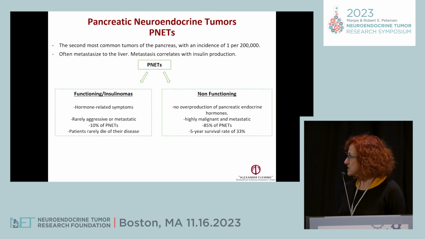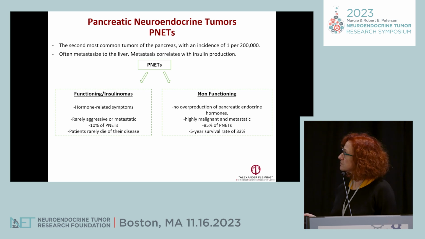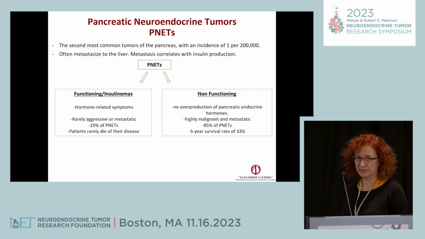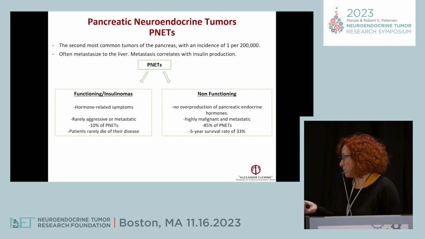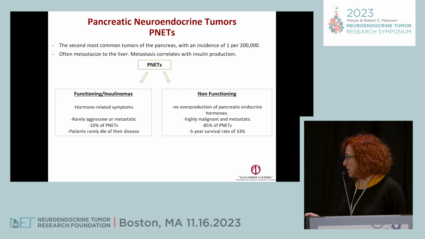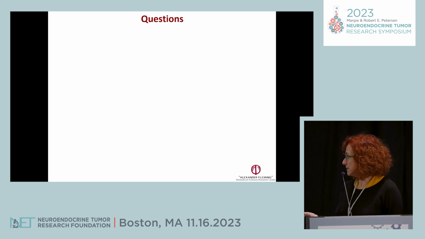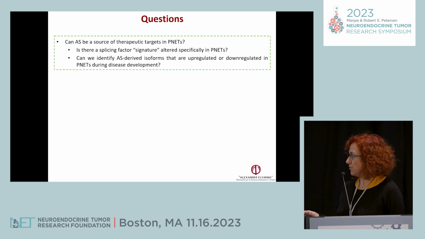So when we started with this project, there was not much known on pancreatic neuroendocrine tumors and deregulation of alternative splicing. I'm not going to say more about these cancers, of course, you know about them. But our questions starting were the following.